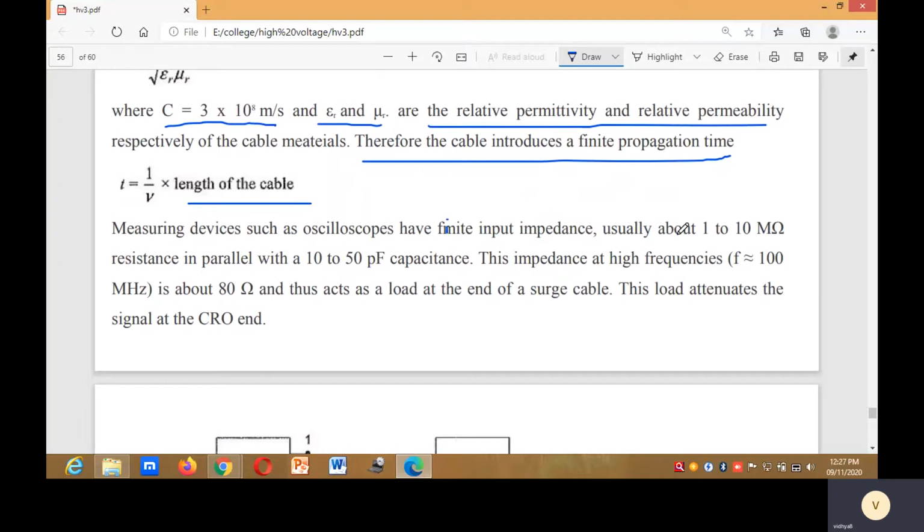At higher frequency, for example f equals 100 megahertz, this impedance is about 80 ohm and thus acts as a load at the end of the surge cable. This load attenuates the signal at the CRO end.